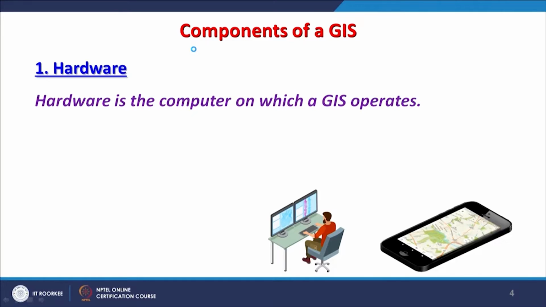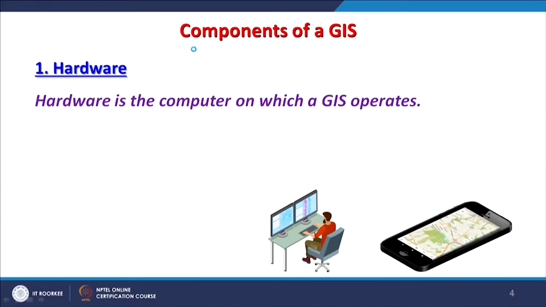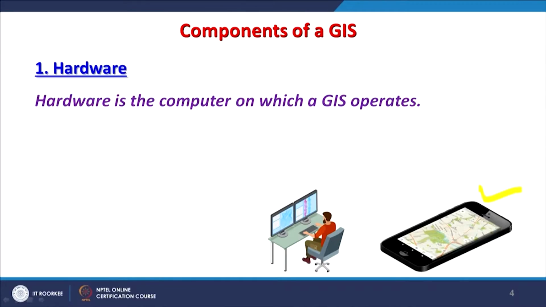Hardware is basically a computer on which a GIS resides or operates. Hardware can be a very high-end workstation or some other machine or a server, or nowadays even a smart mobile, which is also shown in this slide. So, from big computers, workstations or servers to your mobile, GIS software, or custom-designed GIS software, is available which can work on these different hardwares.